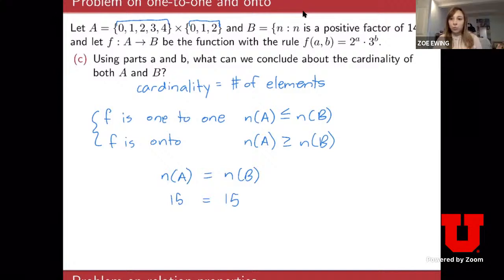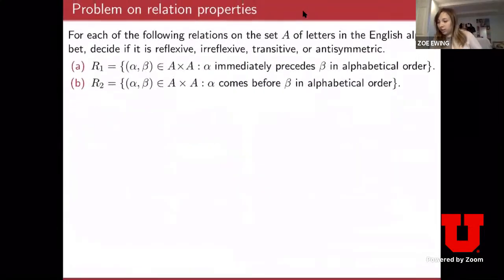Any last minute questions before we move on? All right, on to relations. For each of these relations, we want to decide if it is reflexive, irreflexive, transitive, or antisymmetric.